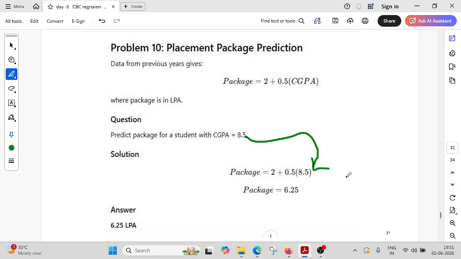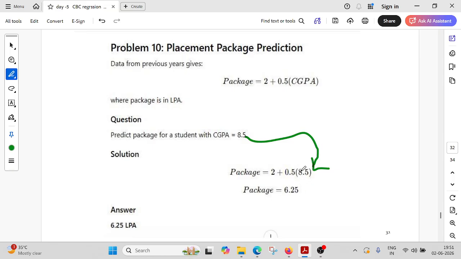This data set is very important. Some companies take candidates with a CGPA of 7, but then you multiply the B value 0.5 by the CGPA and get 6.25.